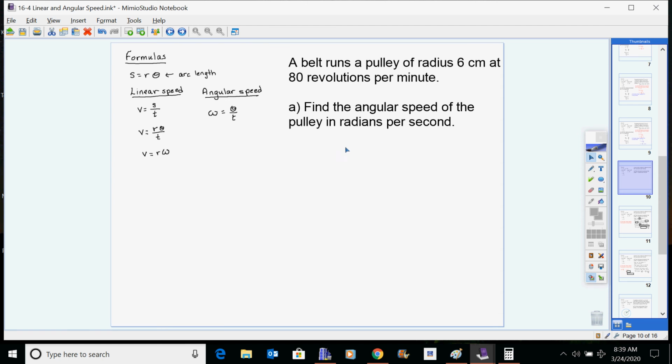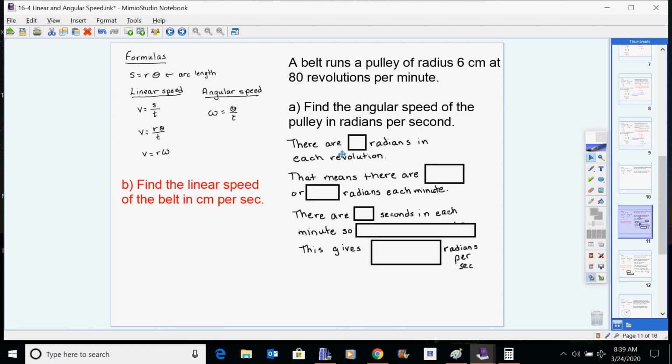It goes around the circle, how many radians is it? And you should be coming up with 2 pi, because there's 2 pi radians in each time around the circle. So that means that there are 80 times 2 pi, because there's 80 revolutions, which makes 160 pi radians each minute that it's traveling.